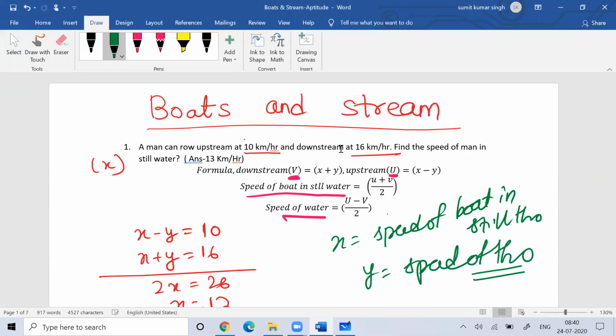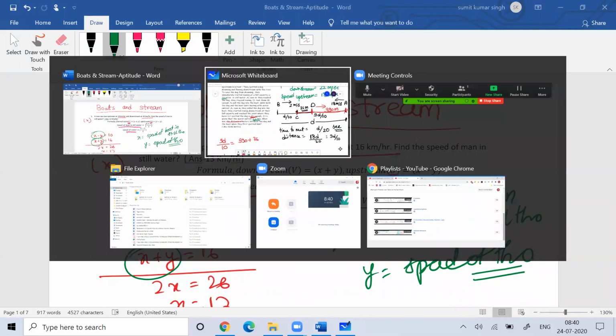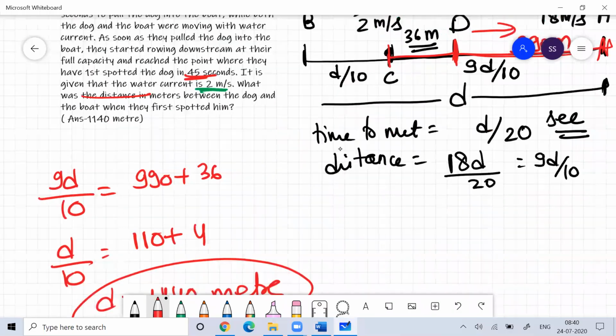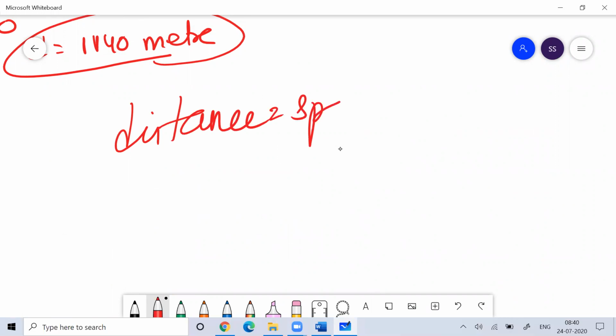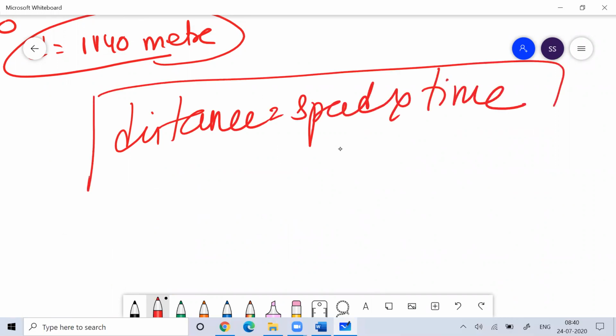So your downstream speed would be x plus y, and upstream speed would be x minus y. The usual formula we use in downstream and upstream is distance equals speed into time.